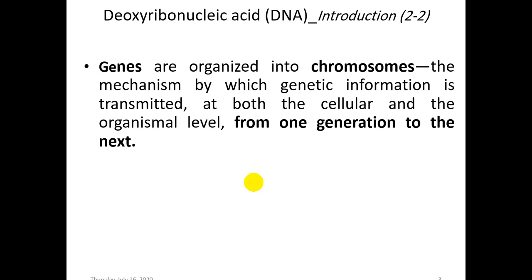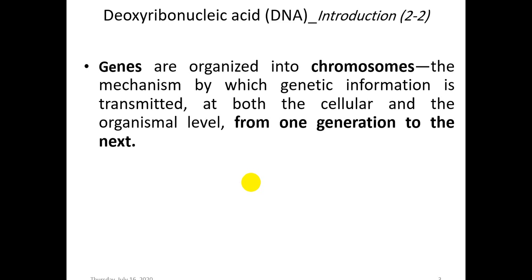Genes are organized into chromosomes, as I said. This is the mechanism by which genetic information is transmitted at both the cellular and organismal level, meaning the organism as a whole, the human being, or you can take it at the cellular level, from one generation to the next.